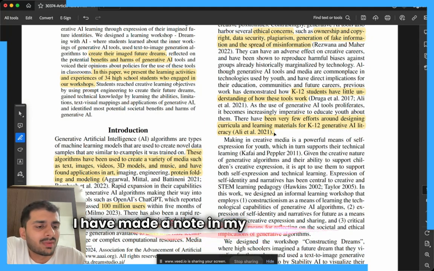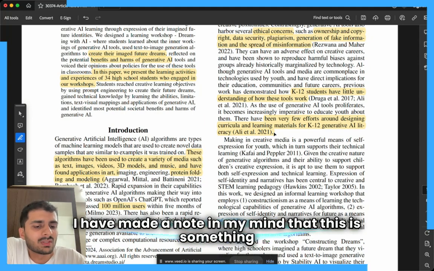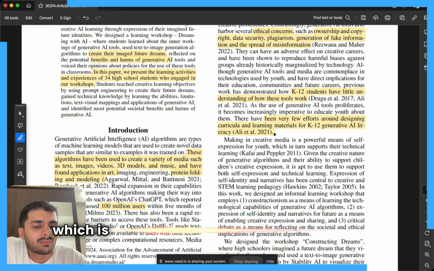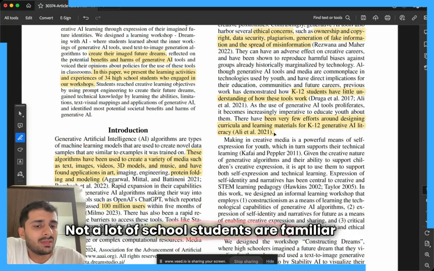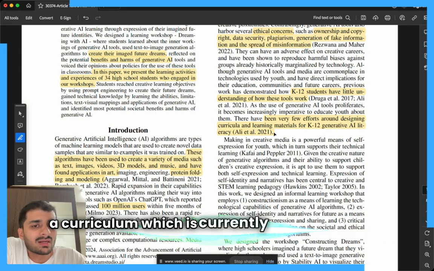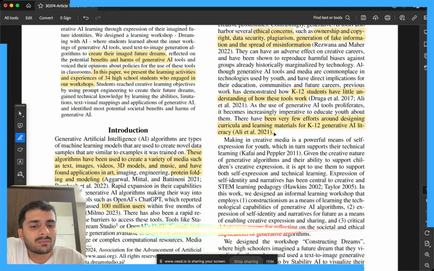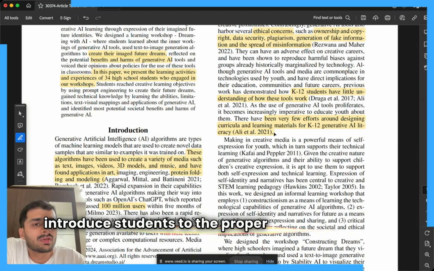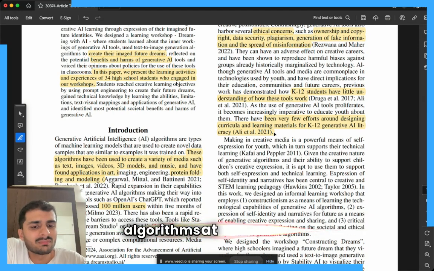I have made a note in my mind that this is a gap in the existing field out there. Not a lot of school students are familiar with the different generative AI tools, and there is not a curriculum currently developed which can actually introduce students to the proper use of generative AI algorithms at a young age.